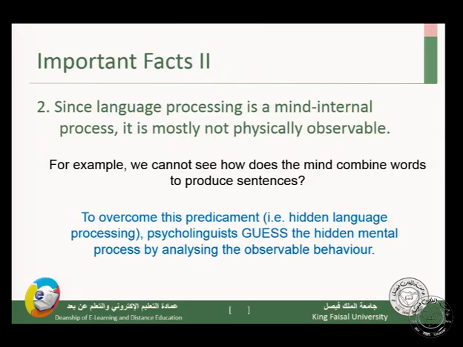To overcome this difficulty, psycholinguists guess the hidden mental process that is linking words and phrases together in order to create language, by analyzing the observable behavior. In the next few slides, we're going to see what the phrase observable behavior means.